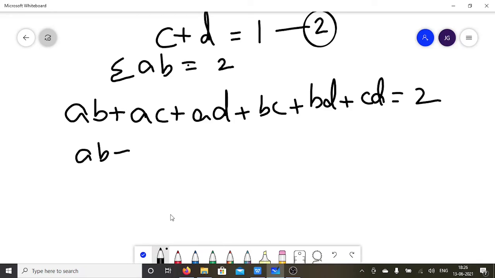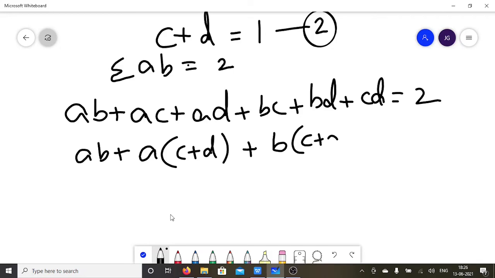AB plus AC plus AD, we can take out A from here, so this is C plus D. And next one BC plus BD, we can take out B, so B into C plus D, plus CD is equal to 2.